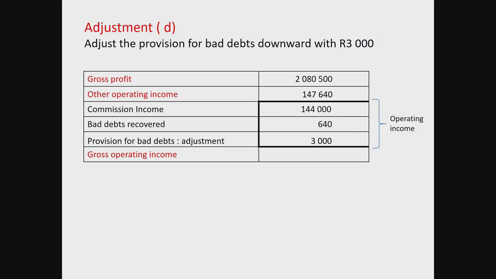Those three together give me the 147,640. Then there's a line, gross operating income. So I take my gross profit and add my total of the other operating income, and that will give me my gross operating income.